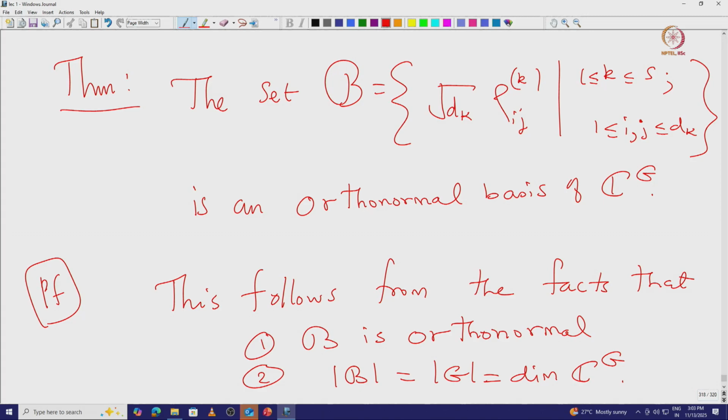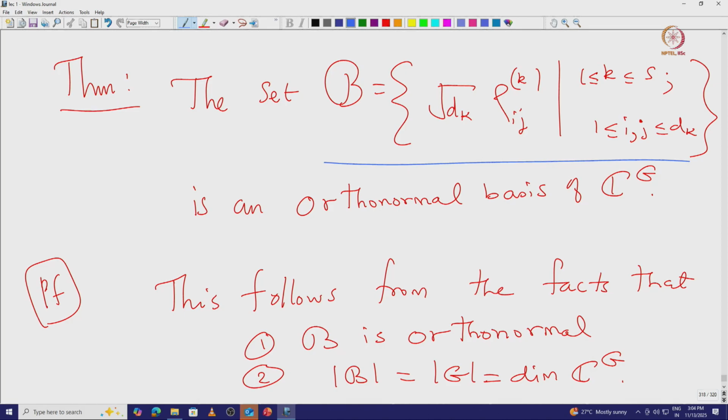So, we get this as an immediate corollary. Now we have this basis. Using this basis we will be able to prove that the irreducible characters form an orthonormal basis for the space of class functions.